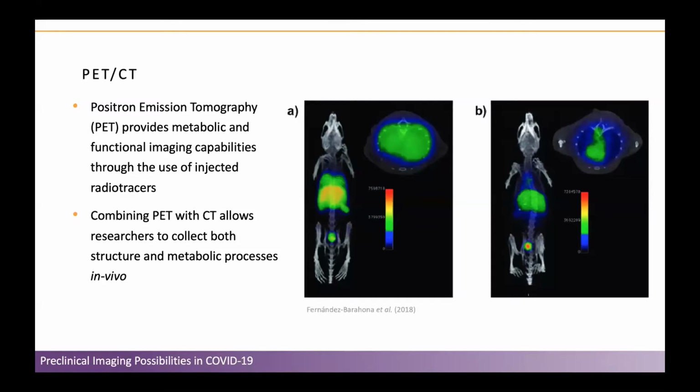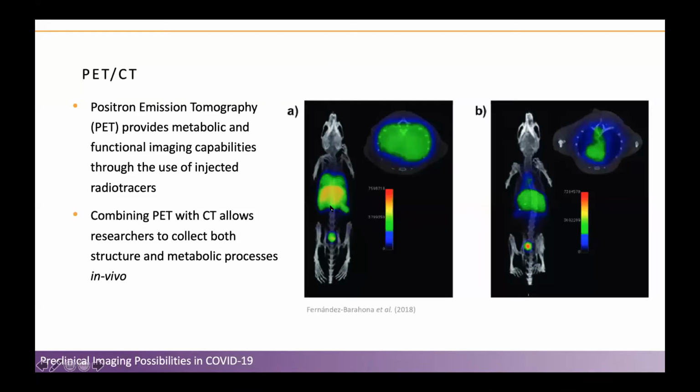So this is actually an example of imaging that LPS, that lipopolysaccharide-induced inflammation model. We can see here the distribution of a radio tracer that is going to localize to the inflammatory process. So this is highlighting where that LPS-induced inflammation would be taking place before and after treatment.